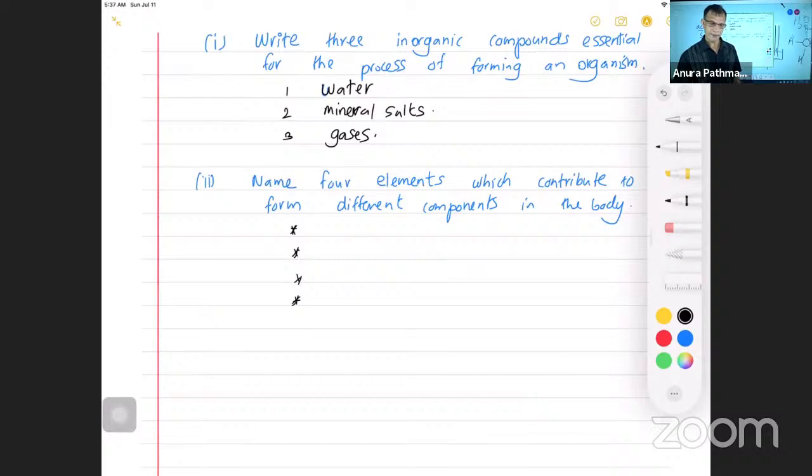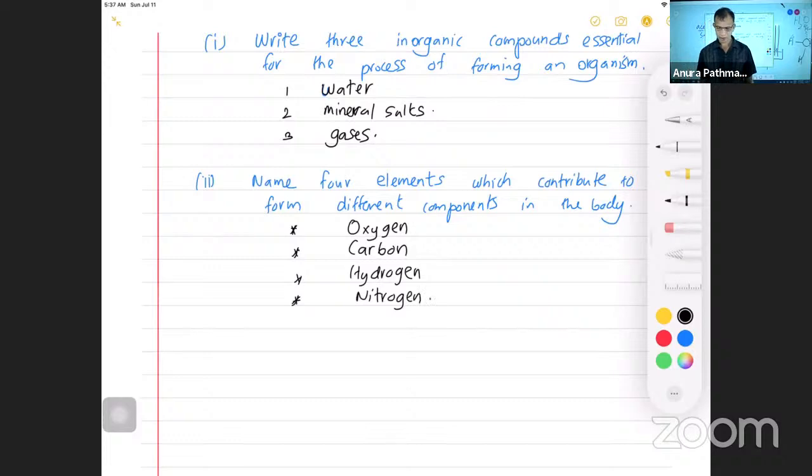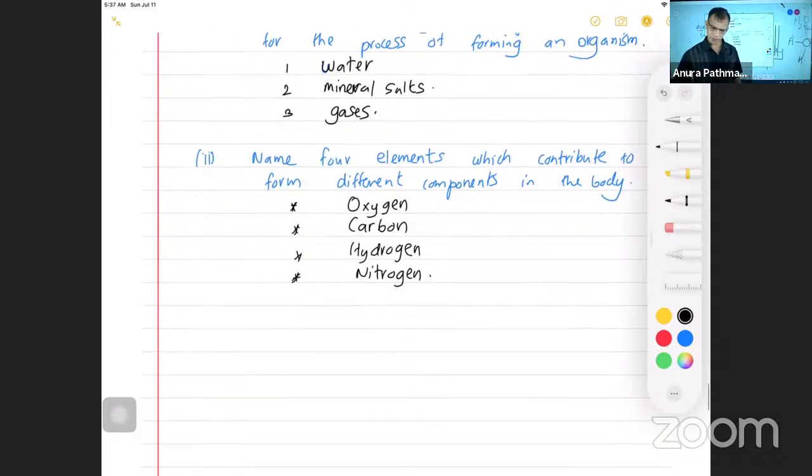What is the major one? Carbon or oxygen? The highest percentage is oxygen. And next, carbon. Then oxygen, carbon, hydrogen. I just wrote them in order. And nitrogen. Oxygen, carbon, hydrogen, and nitrogen.